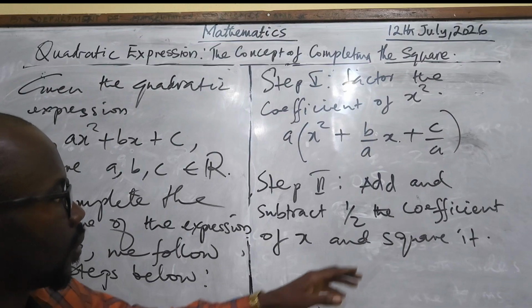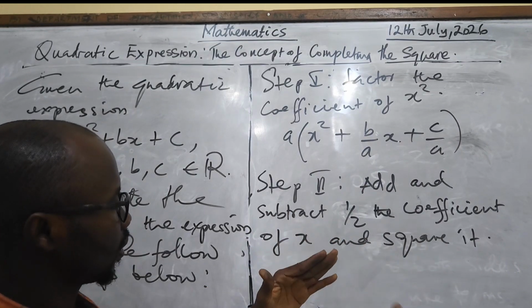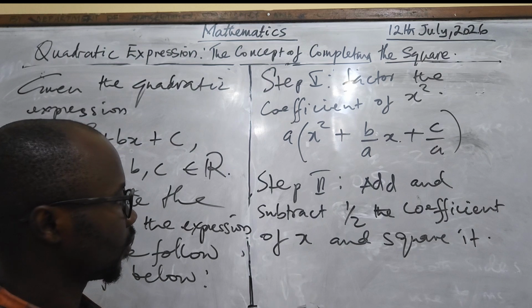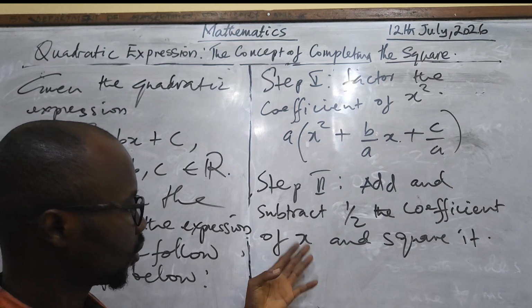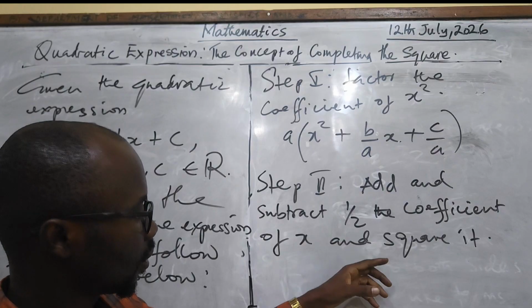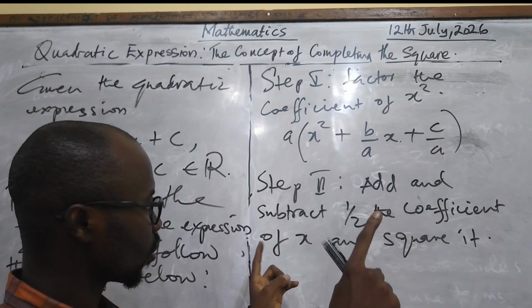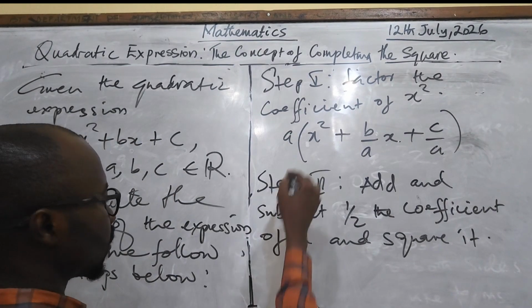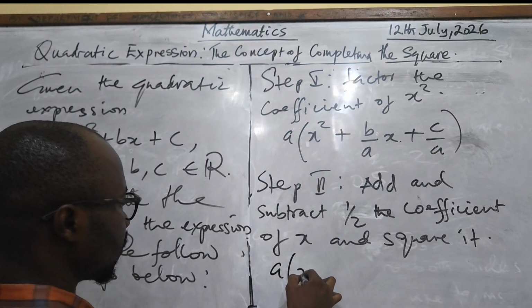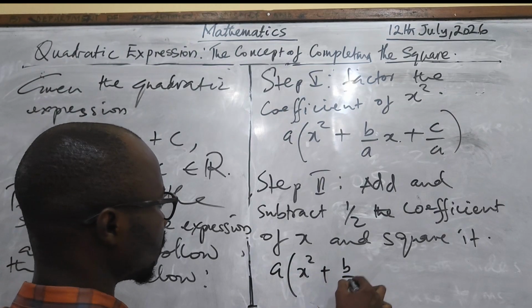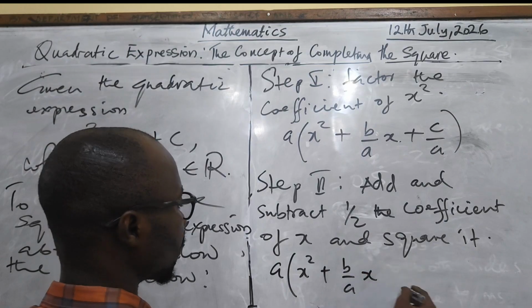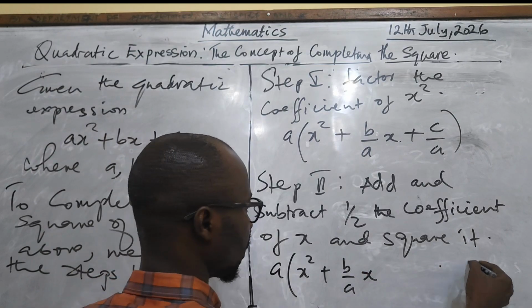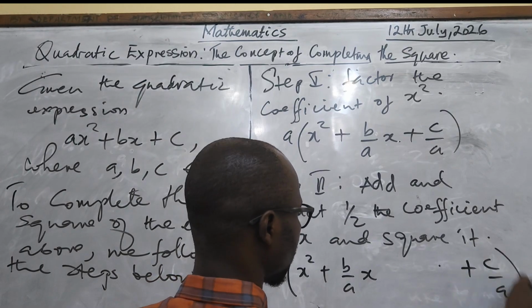Alright, so we are going to add half the coefficient of x and square it. So we are going to add and subtract. In this case, I have a, x squared plus b all over a x, and then plus c all over a.